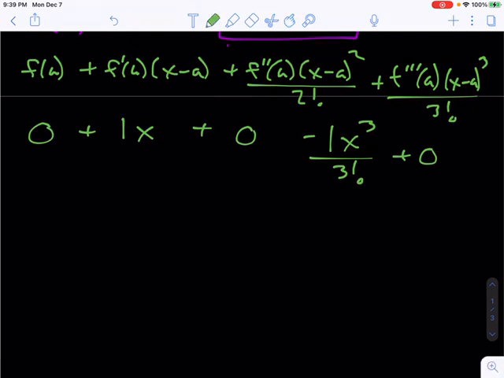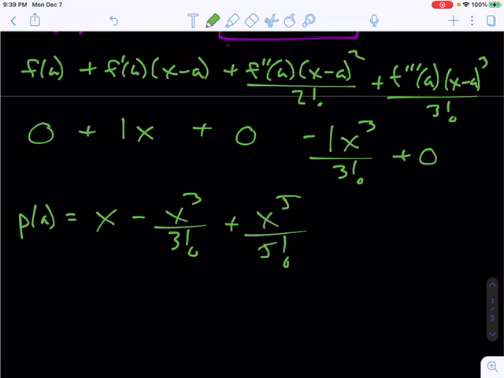If we just get rid of the zeros, the first term of our polynomial is x. The second term is minus x cubed over 3 factorial. And if we were to go to the next term, it's going to end up being x to the 5th over 5 factorial, and then another 0, and then a minus x to the 7th over 7 factorial, and then another 0, and then an x to the 9th over 9 factorial.